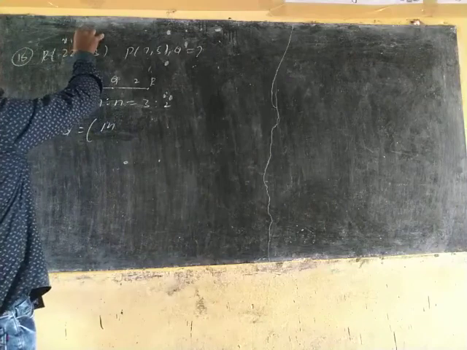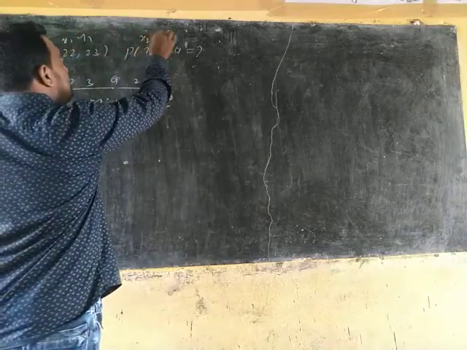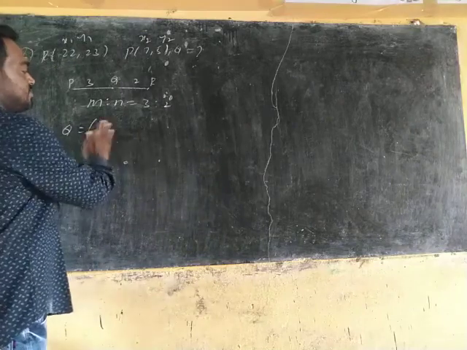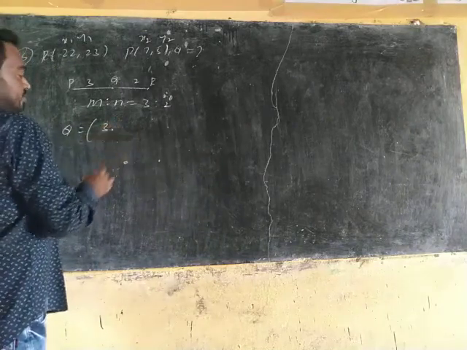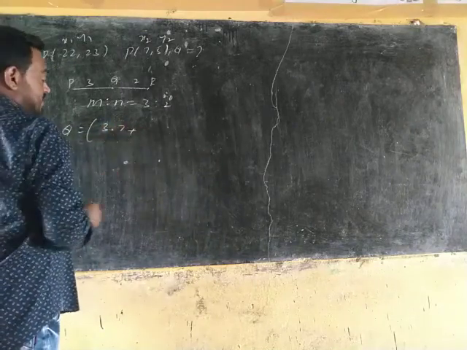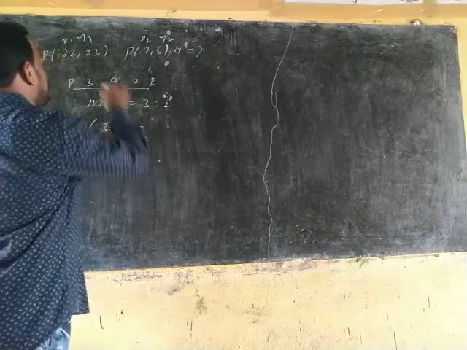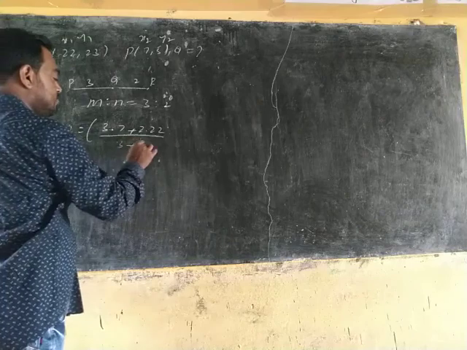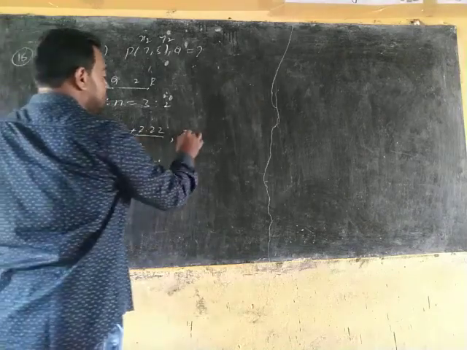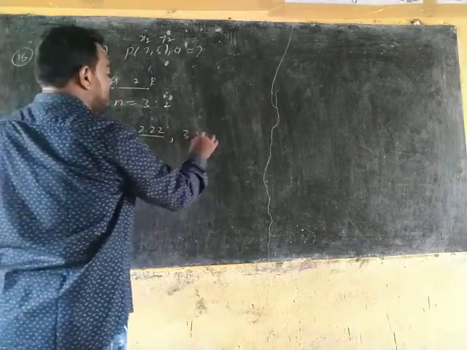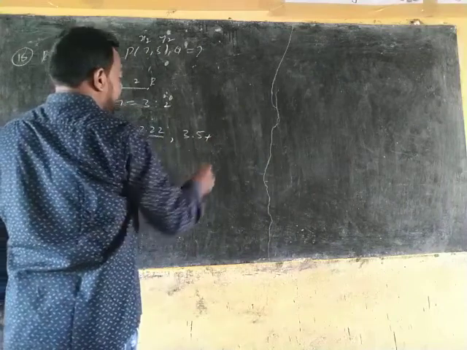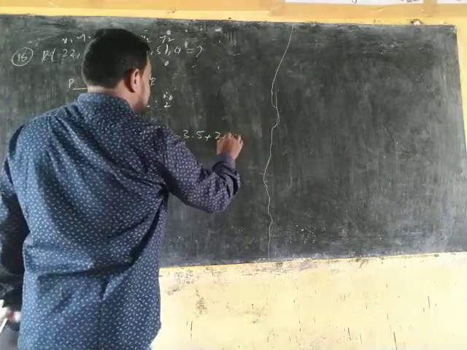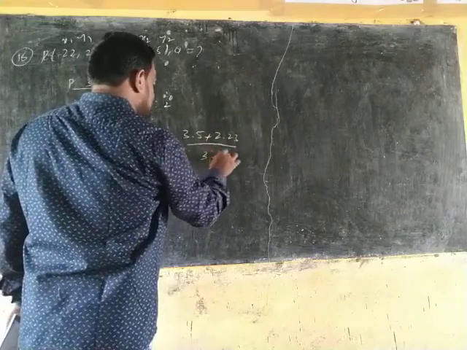This is x1, y1, x2, y2. So formula: (mx2 + nx1)/(m + n), 3 into x2 7, plus n 2 into x1 22, by 3 plus 2, comma (my2 + ny1)/(m + n), 3 into y2 5, plus 2 into y1 23, by 3 plus 2.